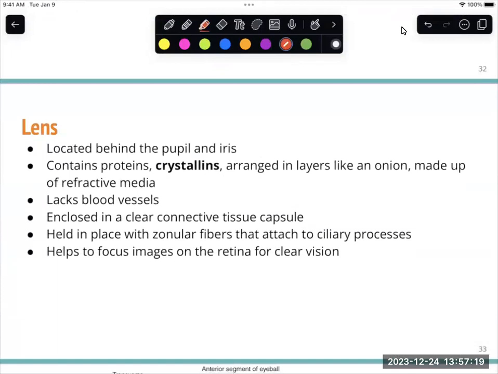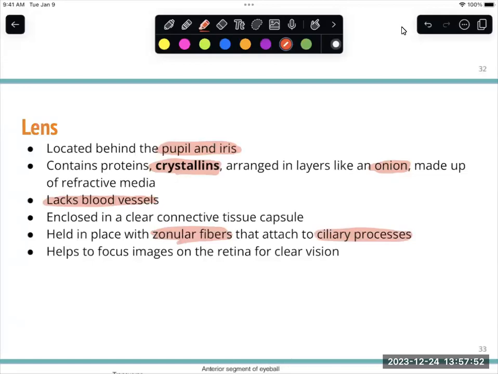So we mentioned the lens. The lens is behind the pupil and that iris. It is made of proteins called crystallins. Test question. It is arranged in layers like an onion. There's no blood vessels that go to the lens. It is held in place with those zonular fibers, those suspensory ligaments that attach to those ciliary processes that I was mentioning before.